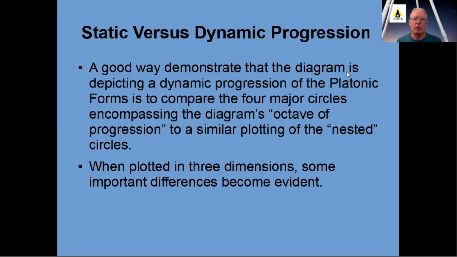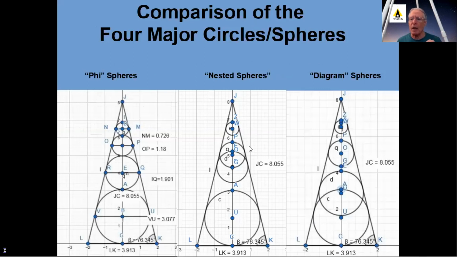So a good way to demonstrate that the diagram that we've just done in 3 dimensions is depicting a dynamic progression is to compare the 4 major circles encompassing the octave of progression, and the 3 spheres of forms, to a similar plotting of the nested circles. And when we do that in 3 dimensions, we see some very significant and important differences. So I plotted those here on this page.